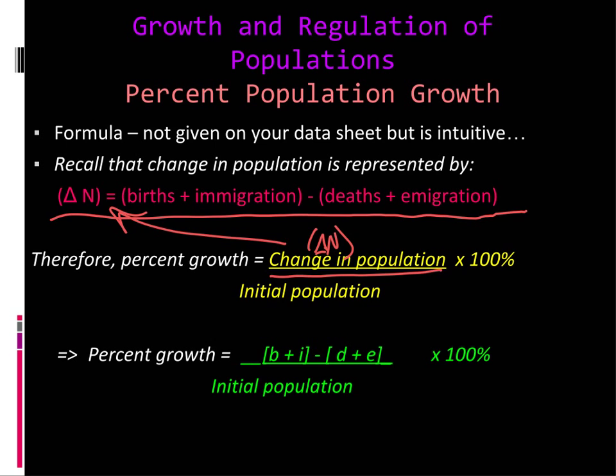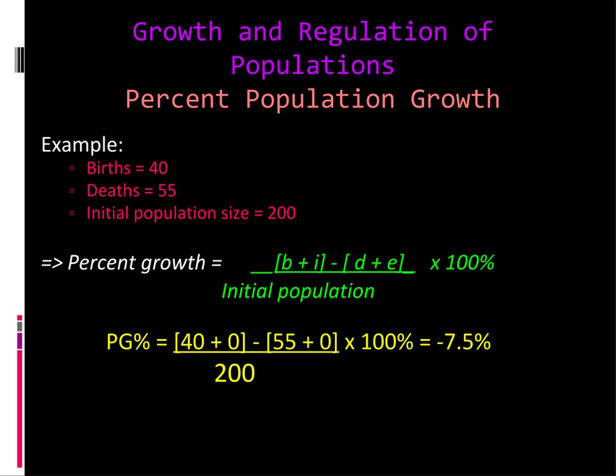We can also break it down, because we know that change in N equals births plus immigration minus deaths plus emigration. If we go back to our original question with our sandhill crane, we can forget about immigration and emigration, because both of those values were 0. But we had a birth rate of 40 and a death rate, or mortality rate, of 55.